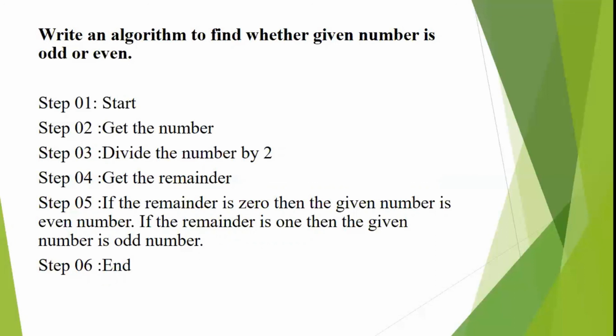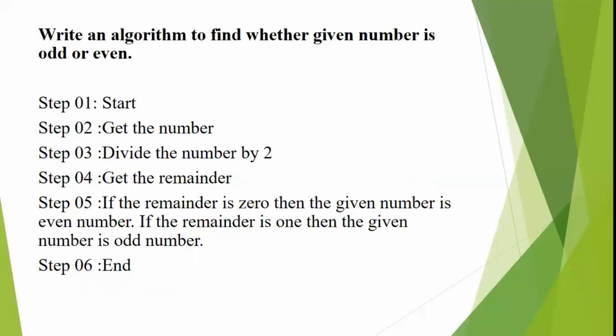Step 5. If remainder is 0, the given number is even. So we got remainder as 1. So that means our number should be odd number. Right? For example, if we take 4 as the number, 4 divided by 2, the remainder will be 0. Answer is 2, but remainder is 0. Nothing is left, right? 4, if you divide by 2, nothing is left.